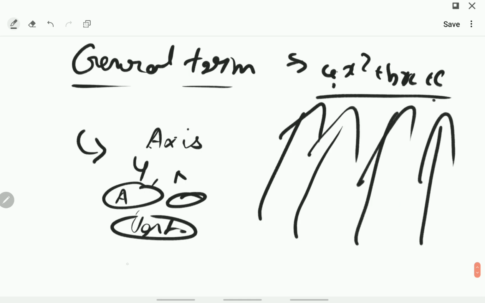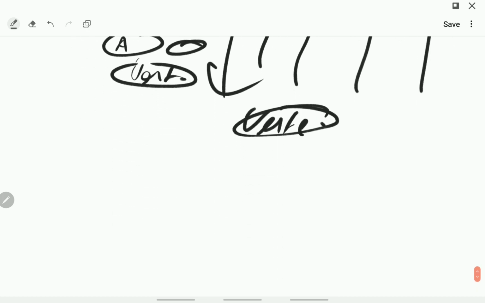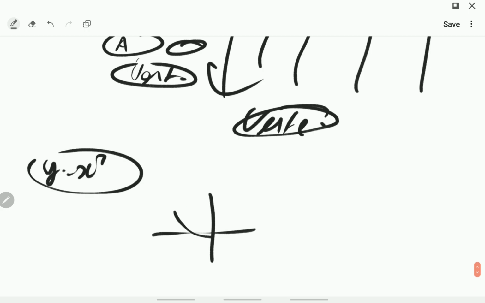I need to look into how to get the general form into the factorized vertex form. I remember looking, but I forgot. Wait, I'll show it to you in the end. Remind me. Let me write it on my paper. General form to vertex. Our basic form is y is equal to x squared, which is just this standard parabola.